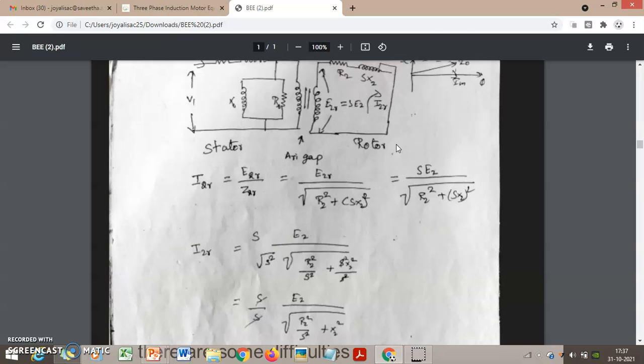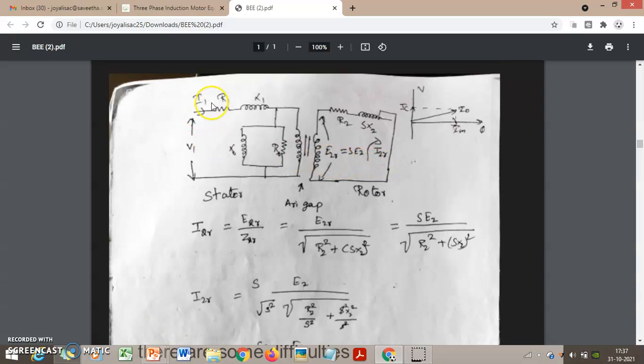Taking that into account, we change the equivalent circuit like this. It looks like a transformer. When we take the rotor side to the stator, the rotor circuit components should be introduced with dash. When we take the stator side to the rotor, the stator components should be taken with dash. That's it. This is all about the equivalent circuit of the induction motor. Thank you.